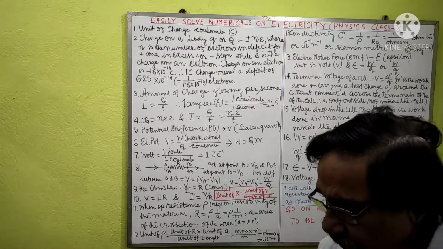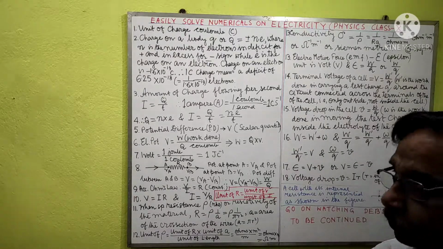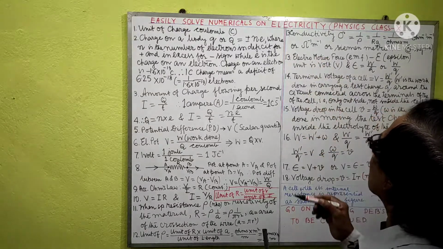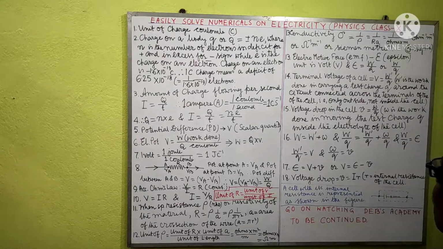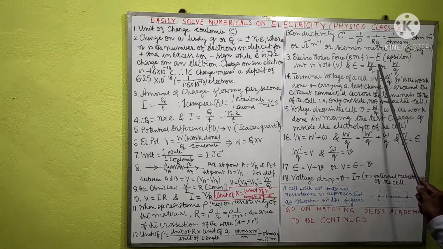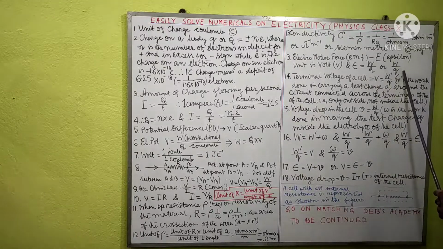Electromotive force, EMF. Here EMF is denoted by epsilon, and its unit is volt, V, and epsilon equal to W by Q or W by small q.